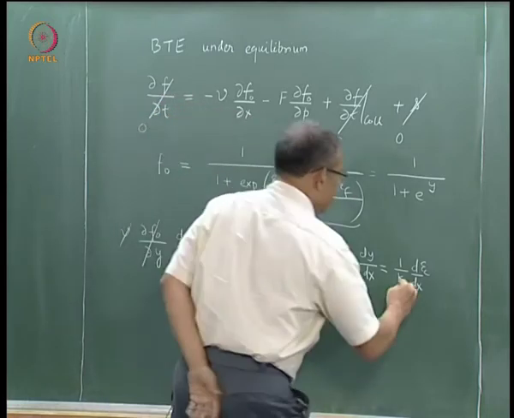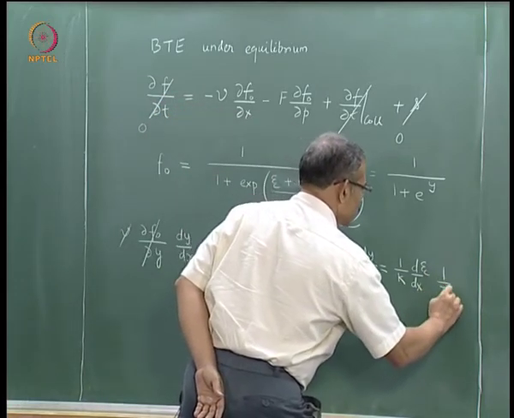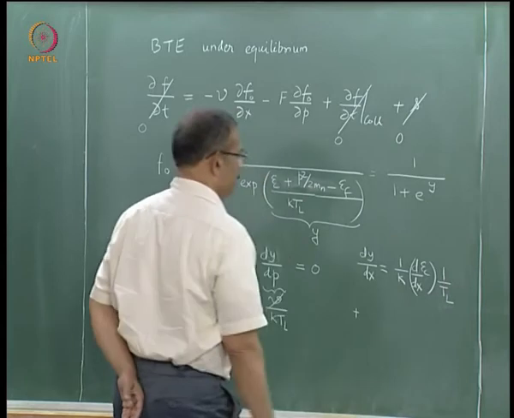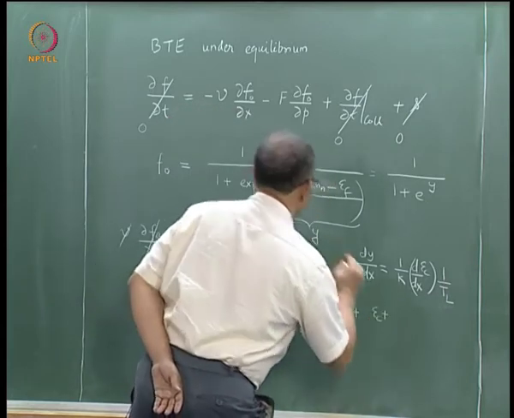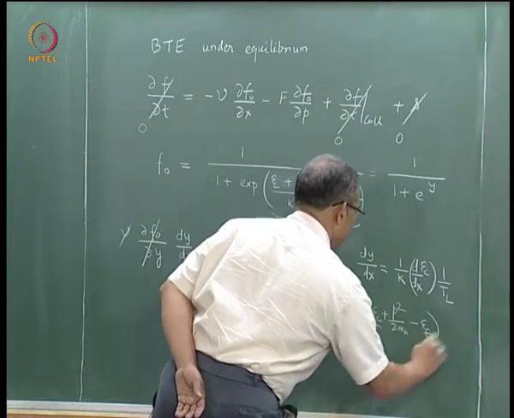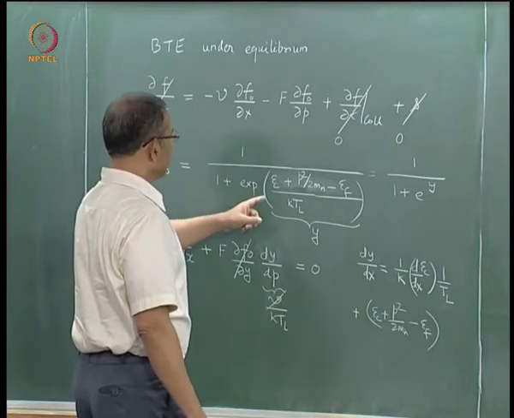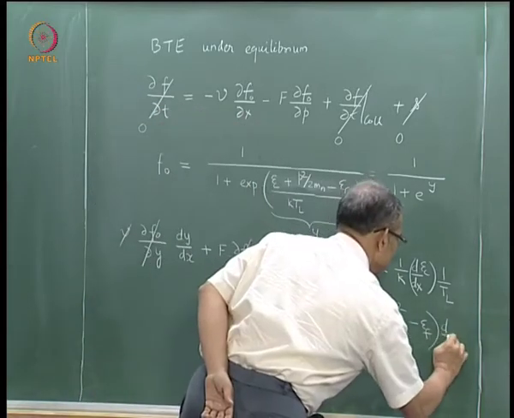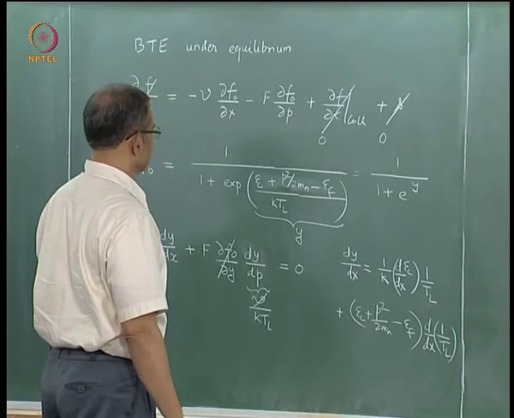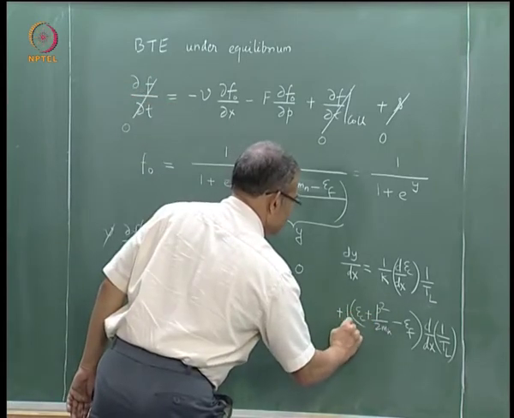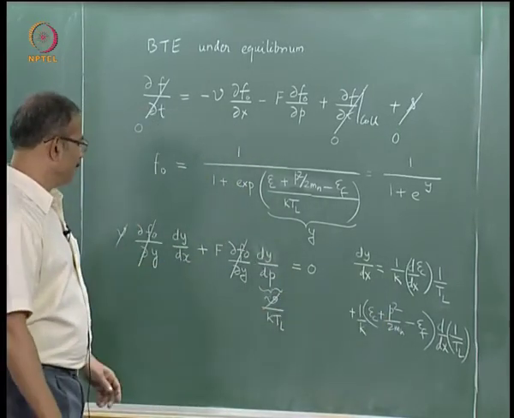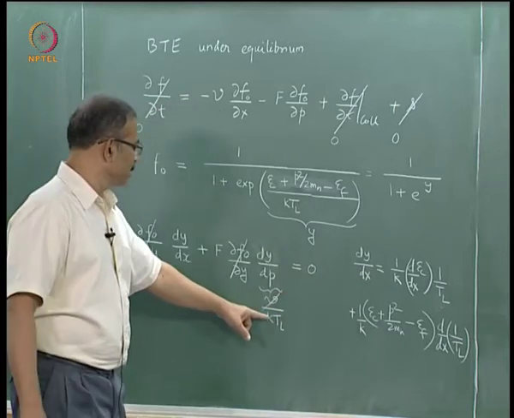At that time I can keep the TL outside, plus EC plus p square by 2 mn minus EF into d by dx of 1 by TL. K comes out as a constant. So now if I put this term here, I will find that the k is going out of the picture, the k is getting cancelled.